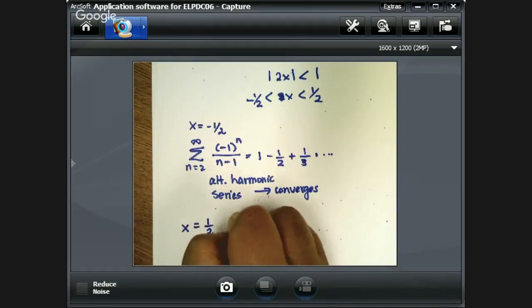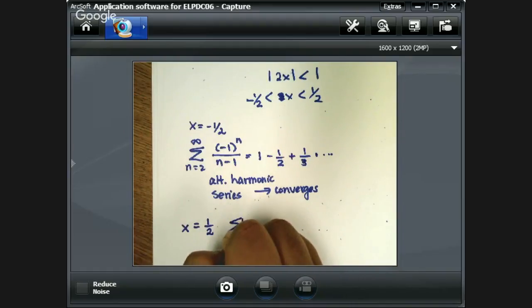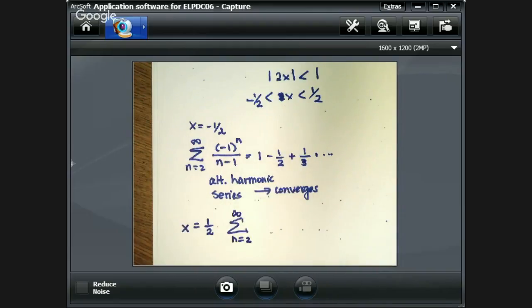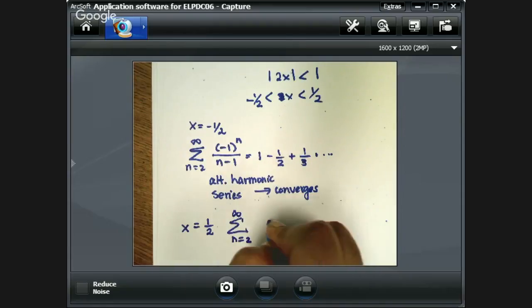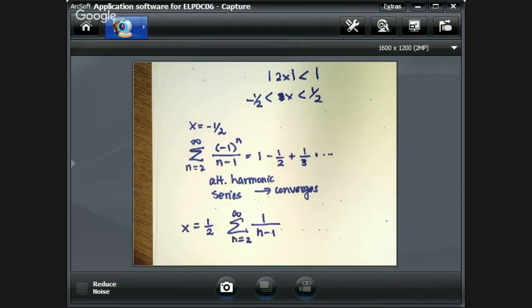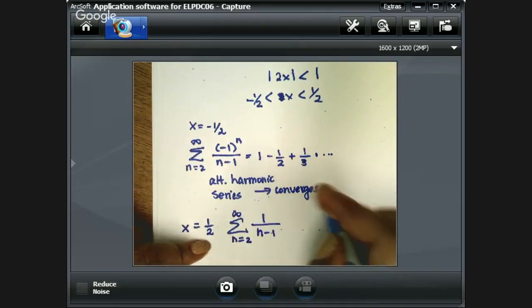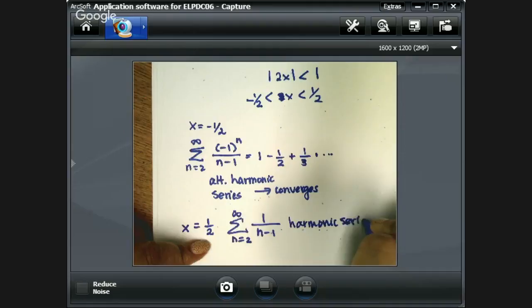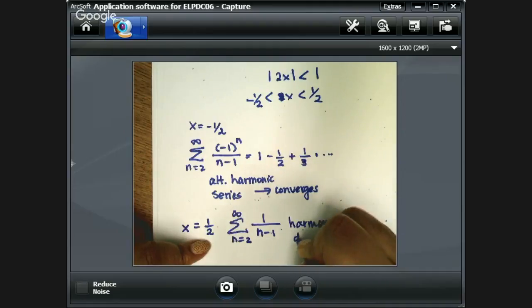When x is equal to +1/2, I get 2 times 1/2, which is 1, and 1 to the nth power, 1 to any power is just 1. So this is 1 over n minus 1. Now, hopefully, you'll see that, well, if that's the alternating harmonic series, this is probably just the harmonic series, and you'd be correct. And the harmonic series diverges.